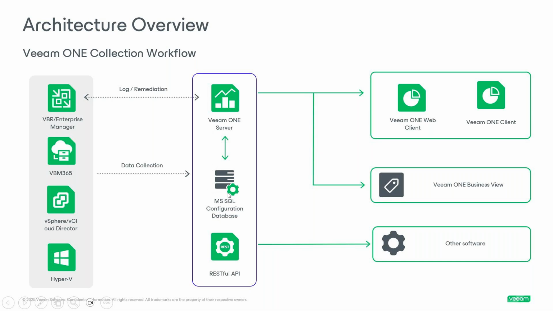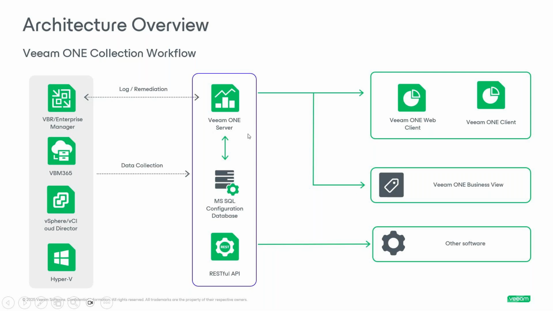Know that the configuration database can be SQL Express, which comes by default, or you can connect it to a bigger, full-blown, licensed SQL server. The advice is that if you have more than 1,000 VMs to monitor, you should go with the full SQL edition, because SQL Express might be too small to gather all of that data.